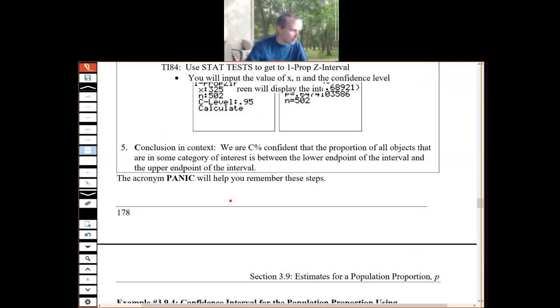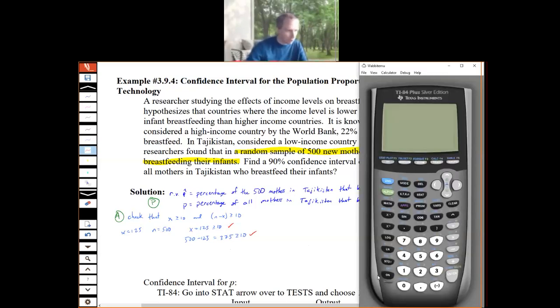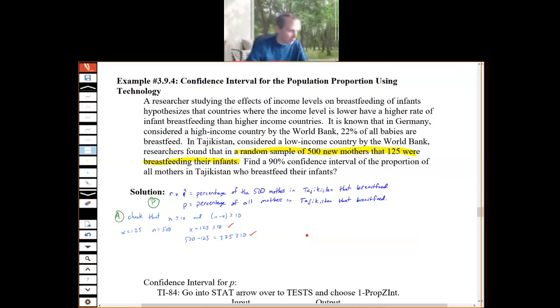My little n here is 500. If I take 500 times 20, that's 10,000. I don't need to go look up the population of Tajikistan to know there's more than 10,000 people that live there, right? I mean, it's a whole country. It's not a very big country, but it is a whole country.